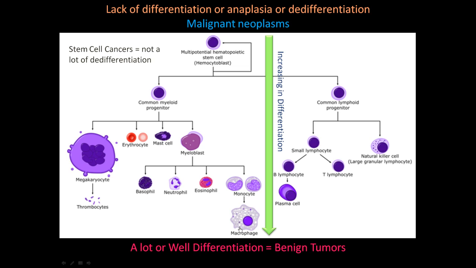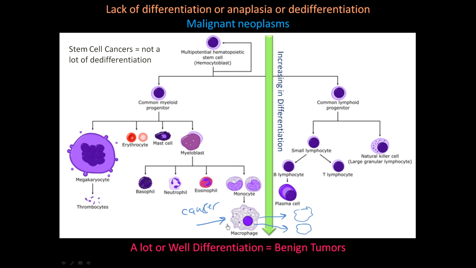Okay, so let's say there is a cancer of macrophages. I don't know one off the top of my head, but let's just say there was. So this part of the picture would be classified. If this macrophage had a cancer and it divided and gave rise to two more cells that looked like the macrophage, then you would say this is well differentiated.